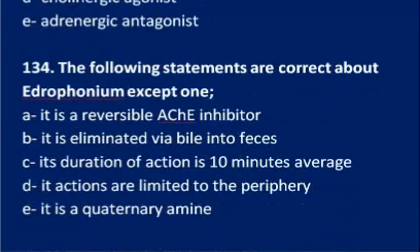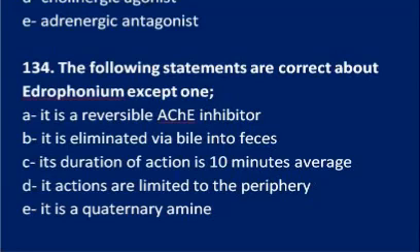Now moving on to the fourth MCQ: the following statements are correct about hydroponium except one. So we actually have to identify the statement about hydroponium that is not correct. So options are given. A, it is a reversible acetylcholinesterase inhibitor.